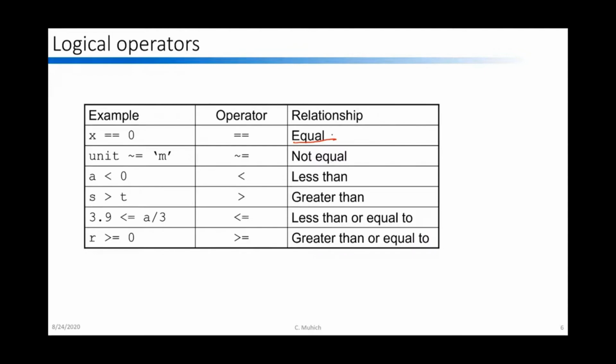It's really critical that we think about this having two equal signs, because if we only use one equal sign, we're assigning the variable. So if we said if x equals 0, it would just reset x to be 0. We need that second equal sign to tell MATLAB that we're doing a comparison.